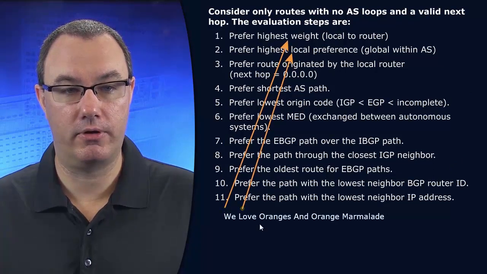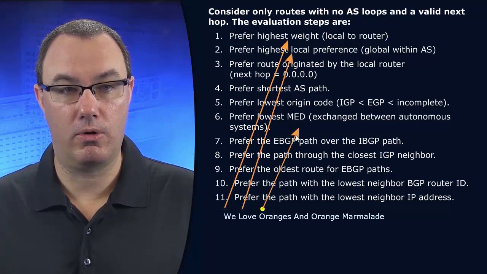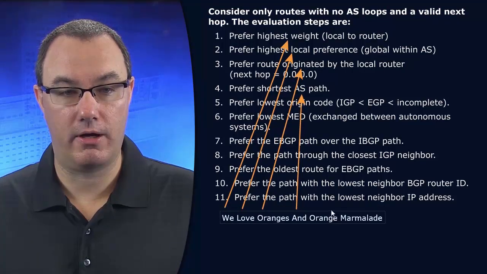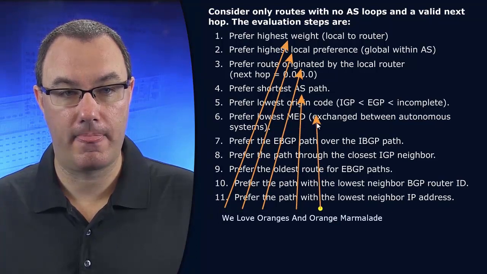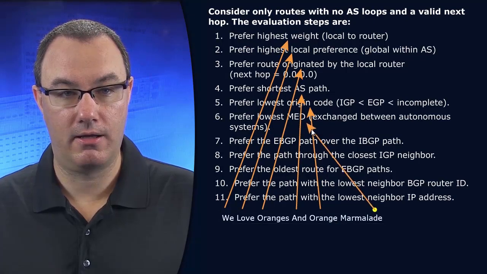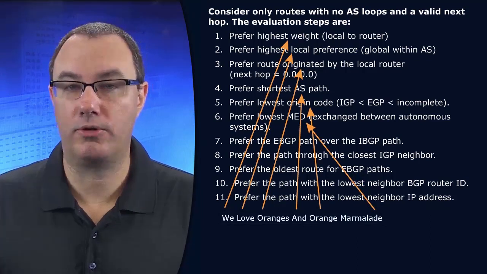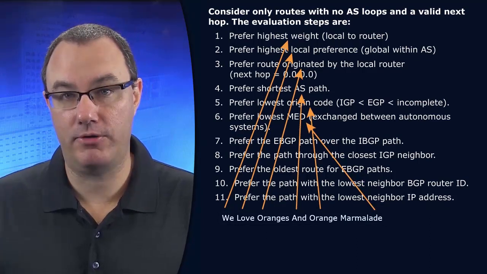We love oranges, originated by the local router, autonomous system path list, and draw in another arrow, orange, origin code, and MED. We love oranges and orange marmalade. Say that a few times.